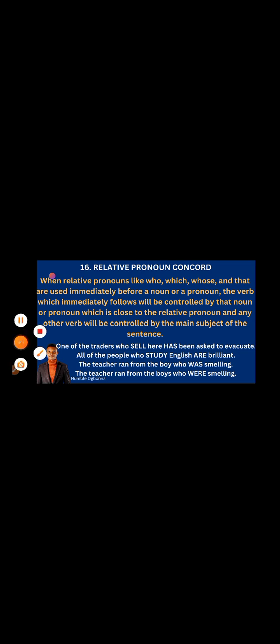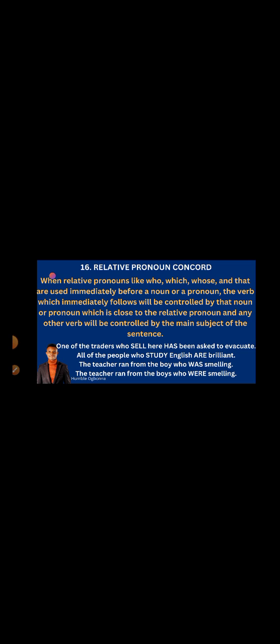Okay, so the next one. All of the people who study English are brilliant. Before who, we have people, and people controls the verb that follows, study. So people is plural, study will be plural. But all will control the next verb, which becomes are. All of the people who study English are brilliant.